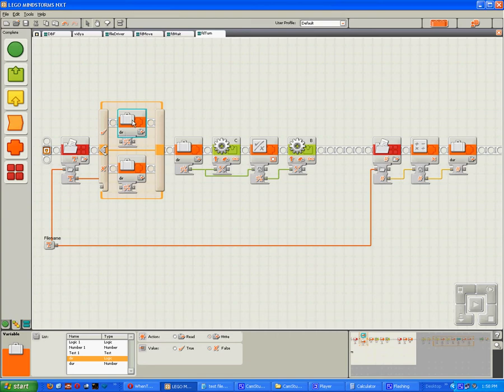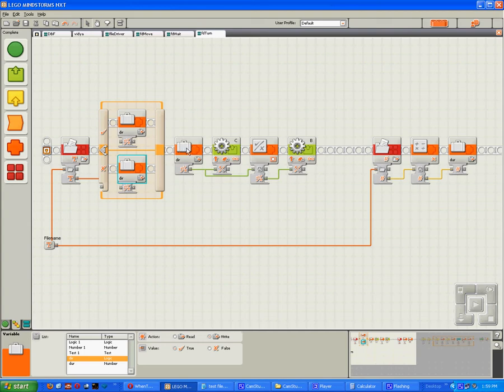So I set direction to false, this variable dir, direction, to false. And down here I set it to the opposite. I set it to the bottom rung, to true. So if you're turning to the right, you want the left motor to go forward.